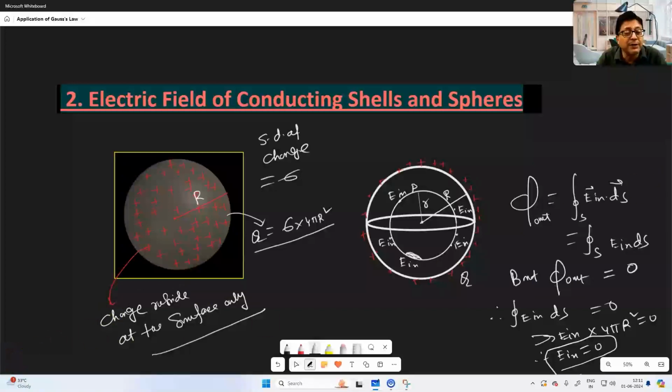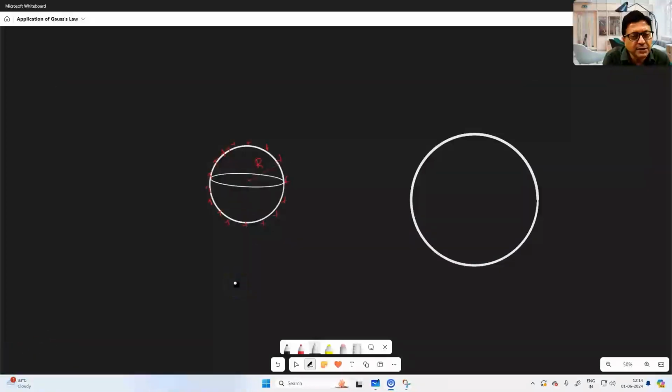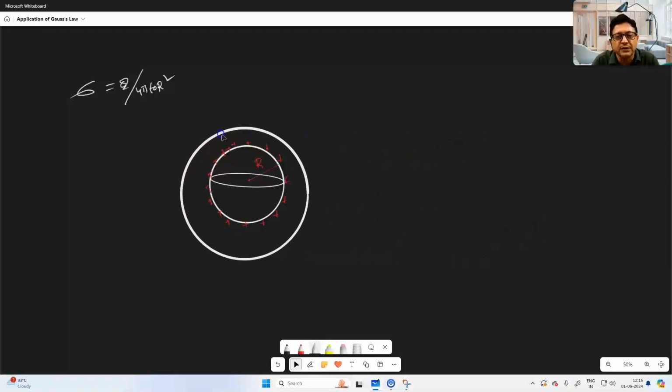Let us find its value outside. Same charged sphere, sigma equal to q by 4 pi R square. We want to find strength of electric field outside the charged sphere. We need a Gaussian surface. Spherical symmetry is there. If you want to find at any arbitrary point outside the sphere, you need to enclose it first.